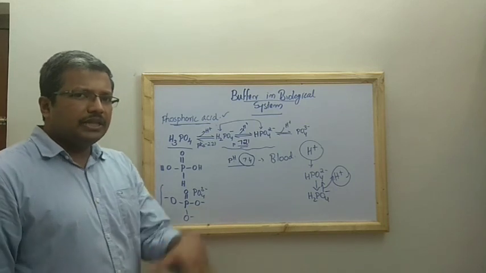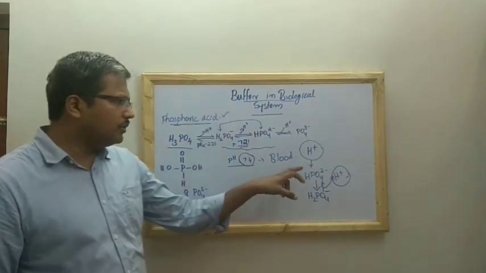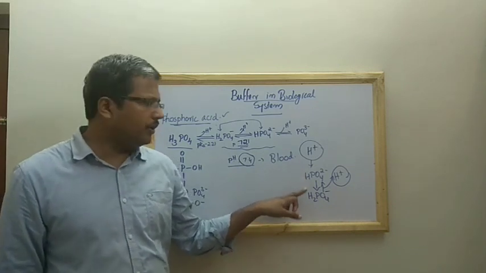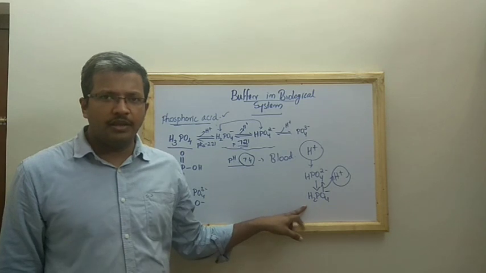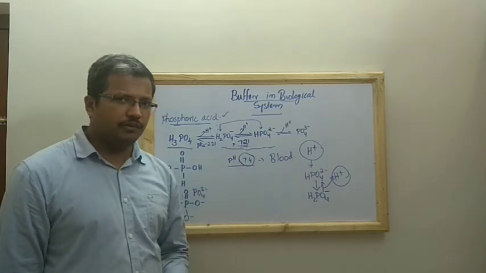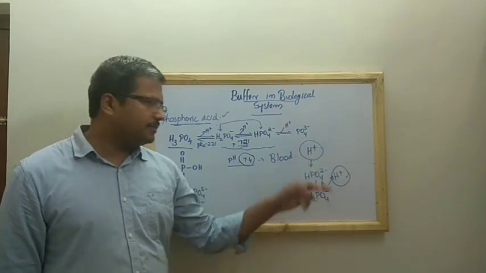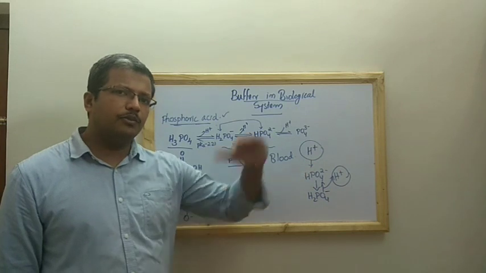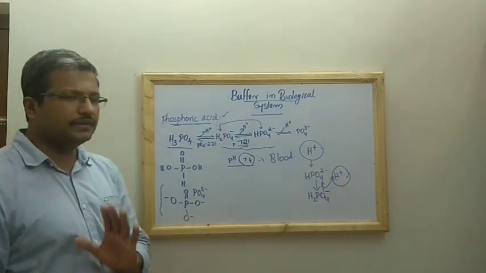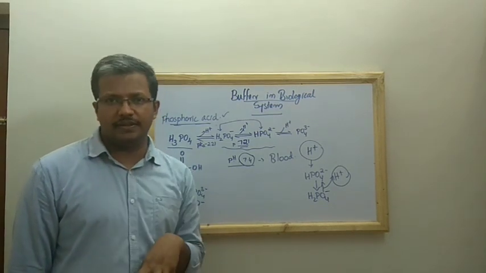So whenever there is an increase in H plus ions in blood, they will be accepted by HPO4 2 minus to form H2PO4 minus. Whenever there is a decrease in H plus ion concentration, H2PO4 minus will release H plus ions and it will be compensated. This is how the phosphoric acid buffer plays a role in a living system.